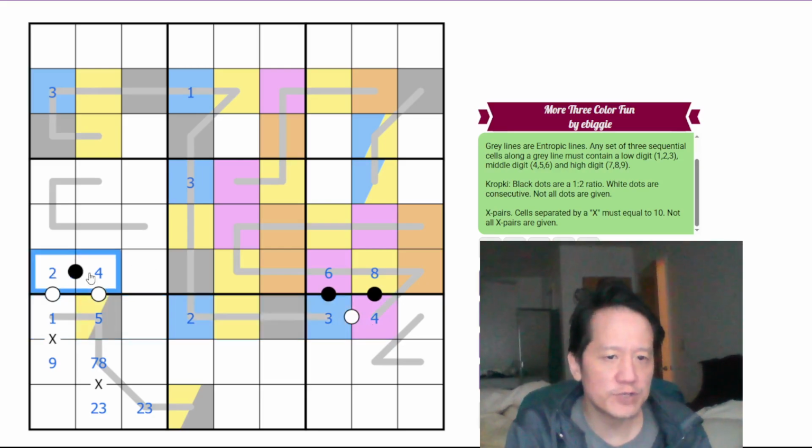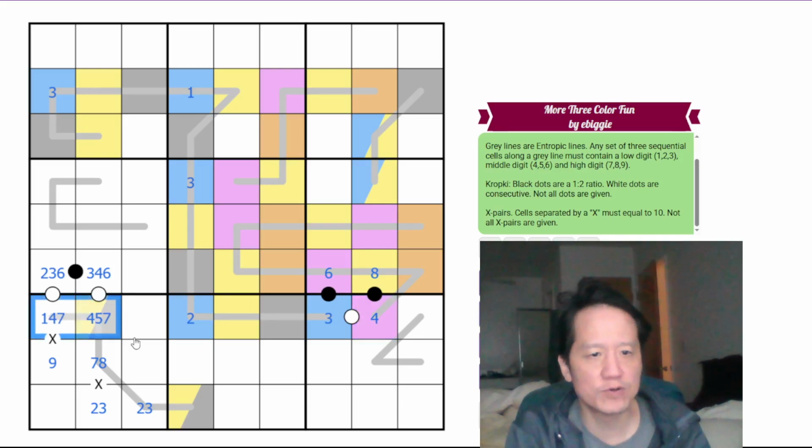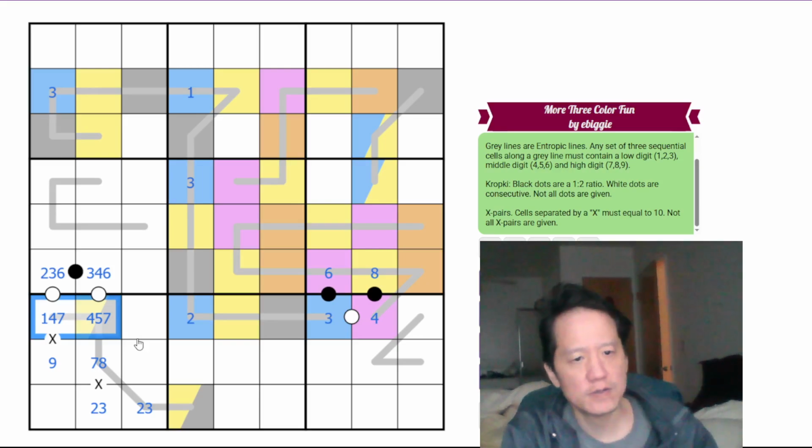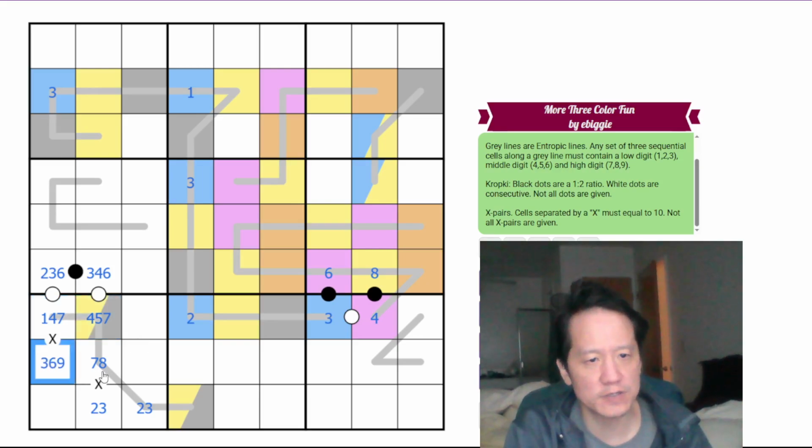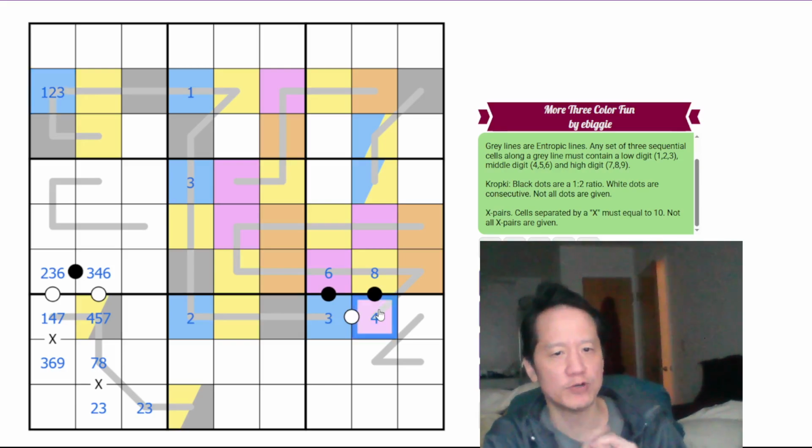If this is 3, 6, that means this is 1 or 2. This is 2 or 3. This has to be 4 and 7. So it has to be with 3 and 6 here. So this would be 1 or 2. That's fine. This would be 2 or 3, which could be with 1, 2, or 3 here.